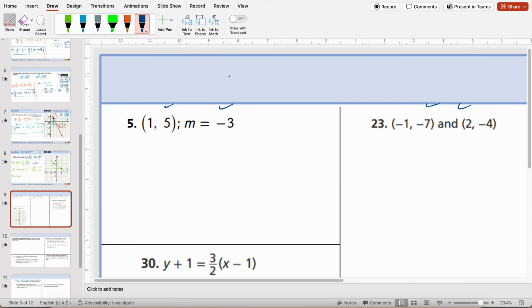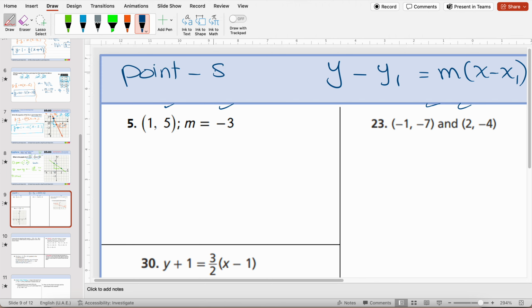So what's my equation? It's y minus y1 equals m times x minus x1. This is my equation in point slope form.